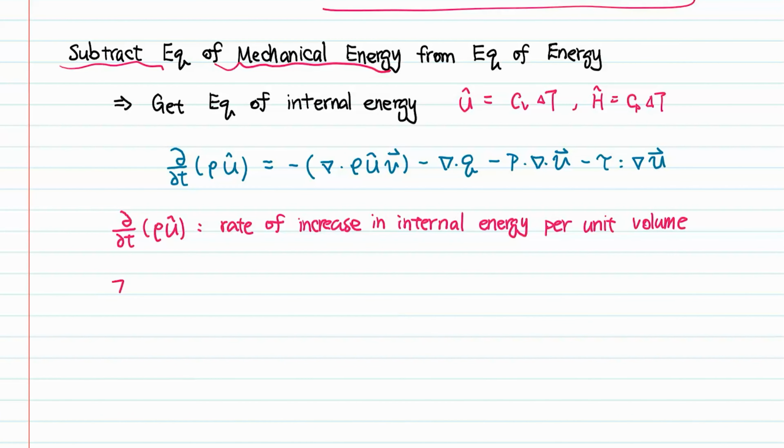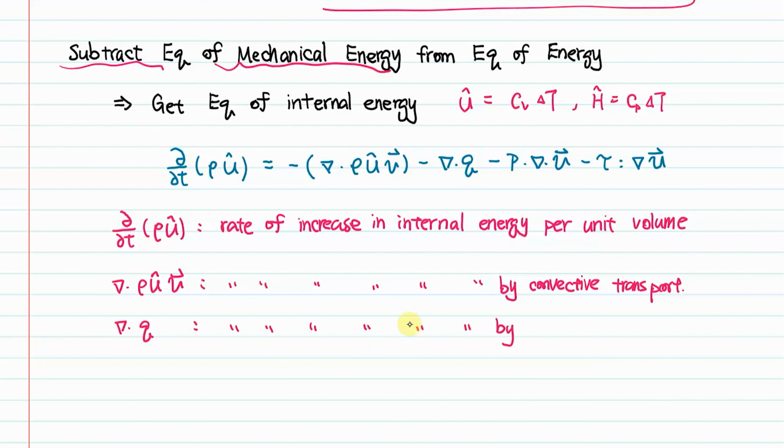And then we have the first term on the right hand side, which would be the rate of increase in internal energy by convective transport. Okay. And also we have the gradient of q, which would be the rate of increase in internal energy by heat conduction.